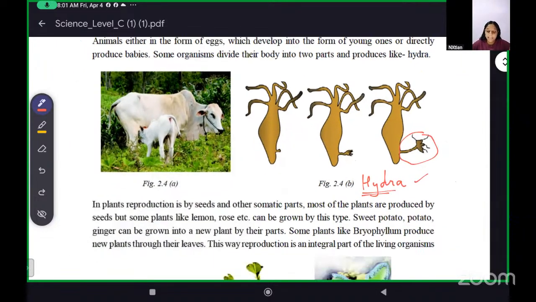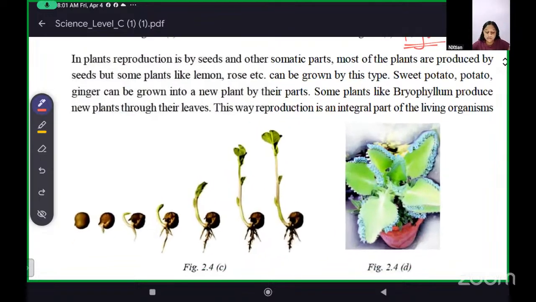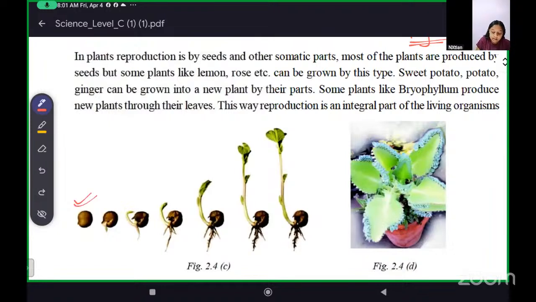Then in plants, reproduction is by seeds and other vegetative parts. Most plants are produced by seeds, but plants like lemon, rose, etc., can be grown by other types. If you can see, here reproduction is taking place through seed. A small part is slowly growing and then it becomes a plant.